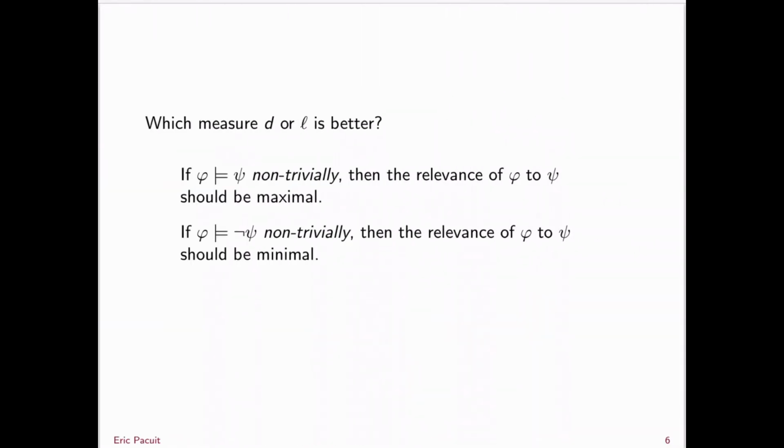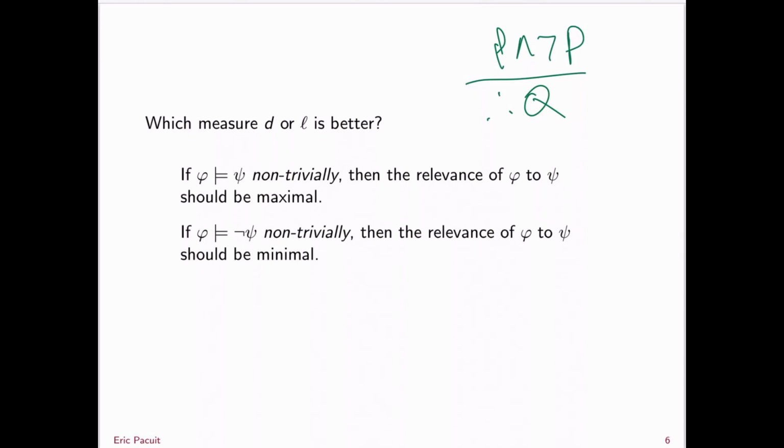So a natural question is, which measure is better? Should we use D or L when measuring the relevance of phi to psi? Well, here are two things we would want any confirmation measure to satisfy. If we have a valid argument with premise phi and conclusion psi, and it's a non-trivial argument, what does that mean? Well, remember that P and not P, therefore Q is valid.